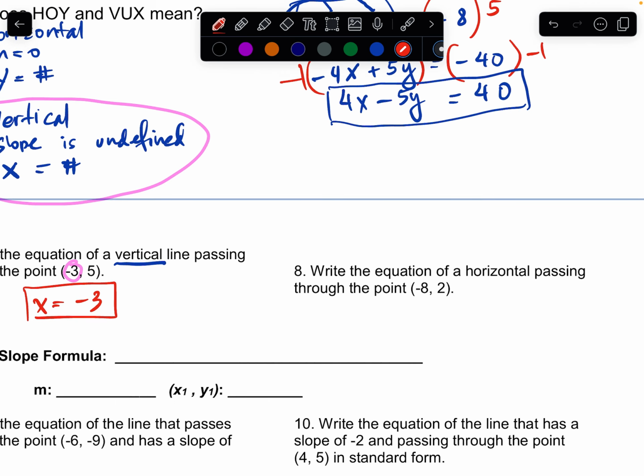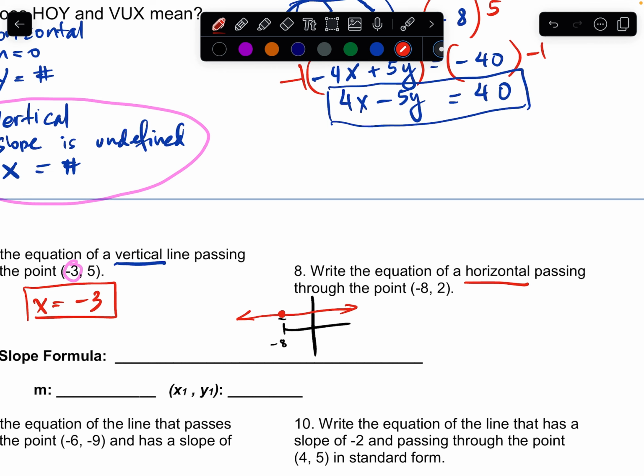Now let's go over here. Write the equation of a horizontal line passing through the point negative 8, 2. So I have a negative 8, somewhere here, and it's up at 2. So we should have a point somewhere there, and we know it's horizontal, so it should look like this.